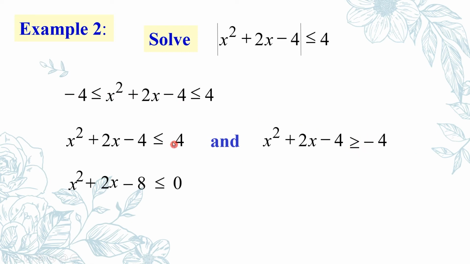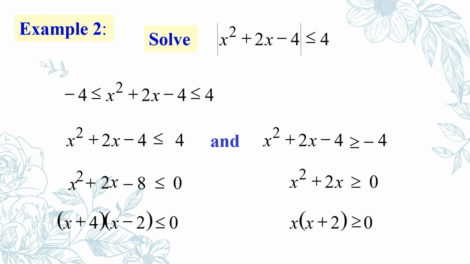Alright, so we solve this. Negative 4 we bring to the left and it gives us negative 8. So you may press your calculator, factorizing them, and you will get x plus 4, x minus 2. Okay, and on the right hand side here, negative 4 we bring to the right will give us 0, and when we factor out, x squared plus 2x will give us that.